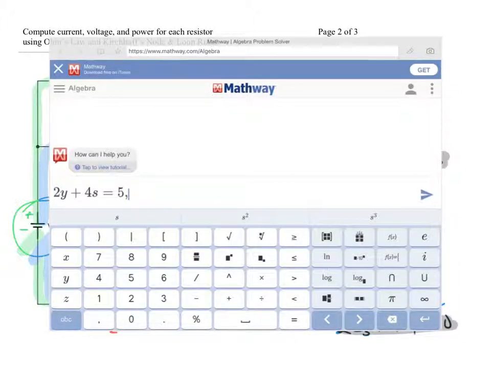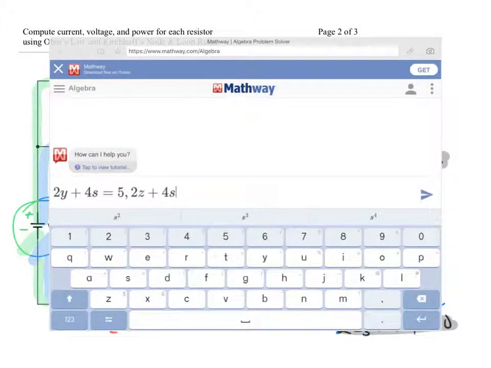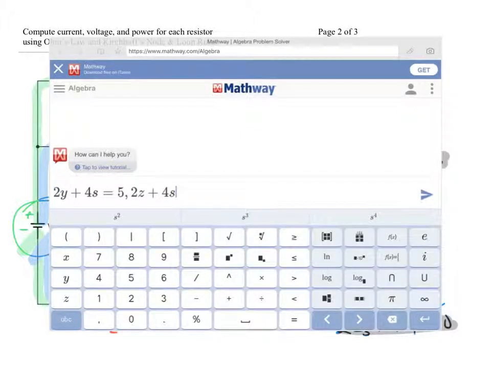Then we had 2 I3, where I3 will be Z, plus that 4 I4 again, so 4S, since S is standing in for our I4. That's our second equation. Then we had I4 equals the sum of I2 and I3.